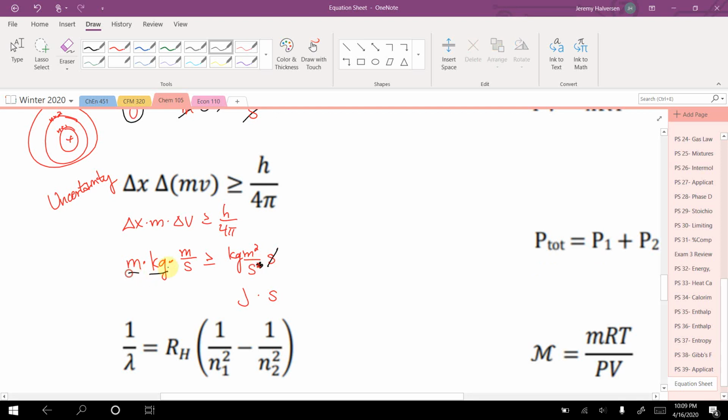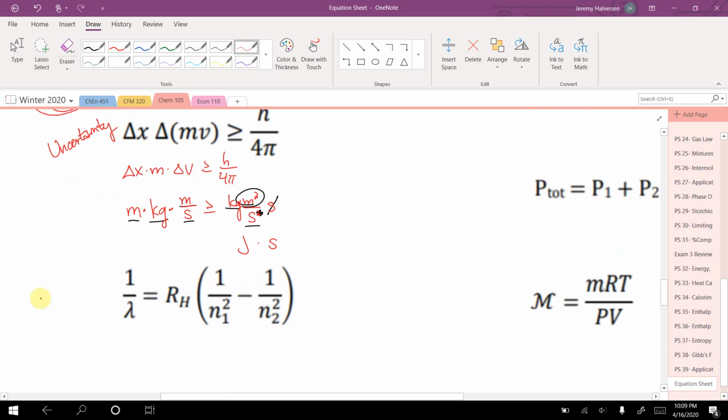I've got kilogram meter squared per second on both sides. So the units work out. And that's why it's important that our mass should be in kilograms, because on the other side of the equation we've got joules, which has kilograms in it.